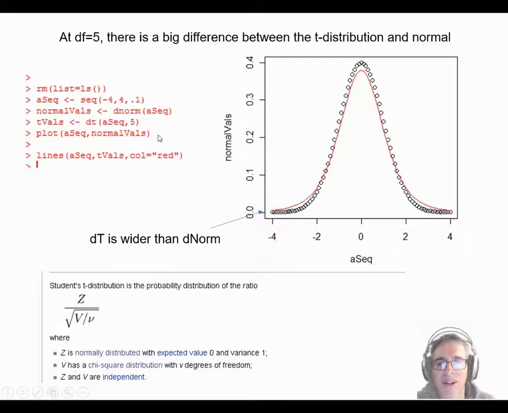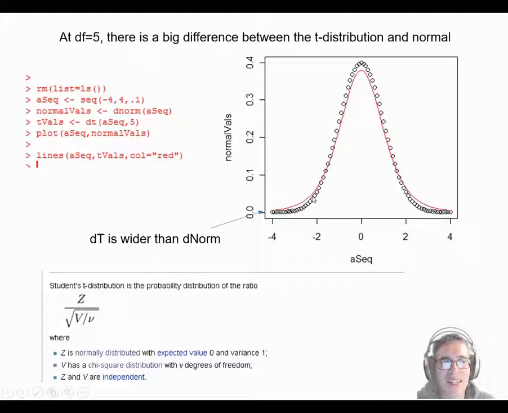So at 5 degrees of freedom, if you plot this out, there's a big difference between the t-distribution and the normal distribution. dt is wider than dnorm. That means this is going to be more conservative, right? So if you're comparing dt versus dnorm, look at this extra area here. When we do inference, we're adding up the area. If we're 2 standard deviation units away from the mean, we're adding up everything from here out to negative infinity.